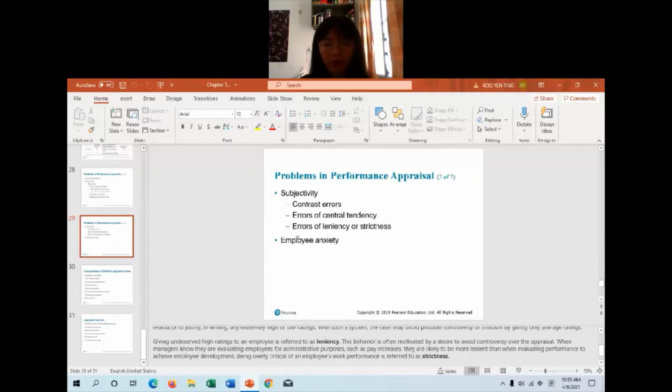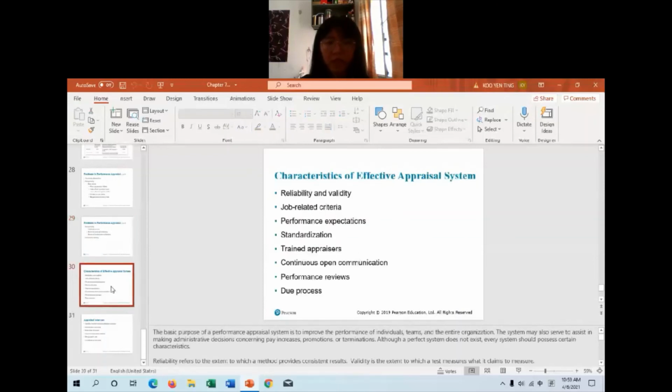It also includes employee anxiety. Now I would like to talk about characteristics of an effective appraisal system. First is reliability and validity. The basic purpose of a performance appraisal system is to improve the performance of individuals, teams, and entire organizations.